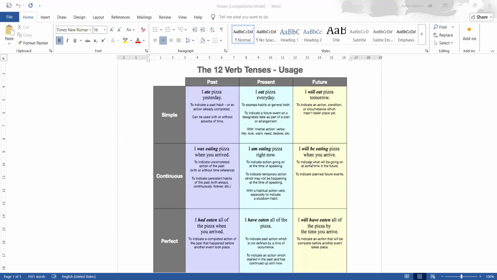So for the first point of difference for me is, what is the difference between a simple future action versus a continuous future action? Apart from the fact that it is indicating a continuity in action. Other than that, what is the difference? How do I segregate? Both sentences are talking about the future.